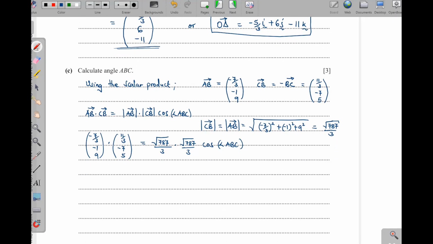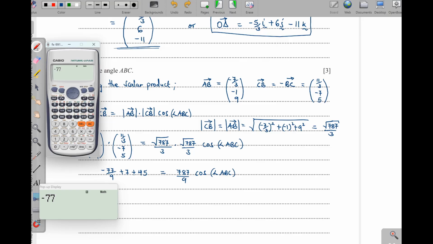Okay. Then these ones multiplied, we shall get negative 77 over 9, then here plus 7, and then here, that is a 45. Then this one times this, of course the square root disappears, so we shall have 787 out of 9, okay? These 3 is multiplied. Cos of angle ABC. So what is this one here? Negative 77 out of 9, then plus 7 plus 45.